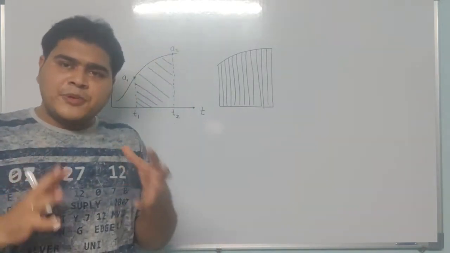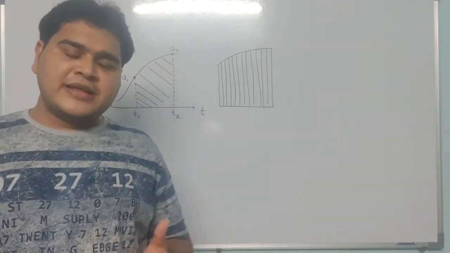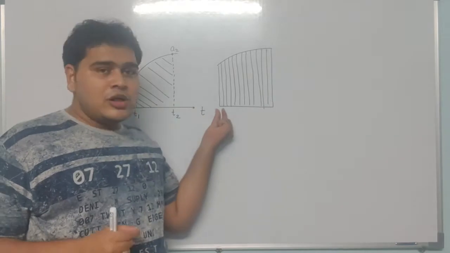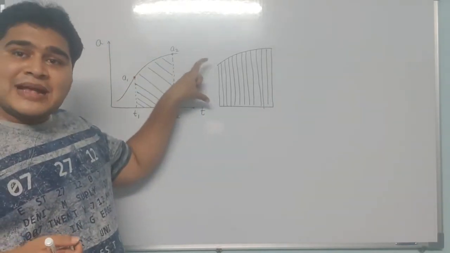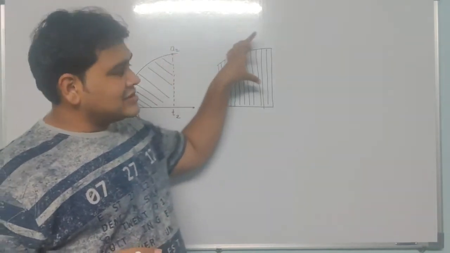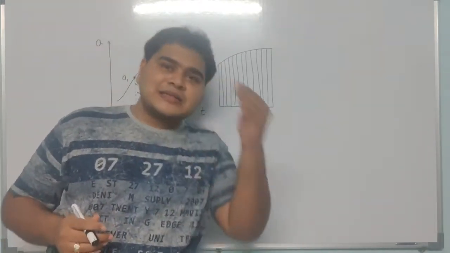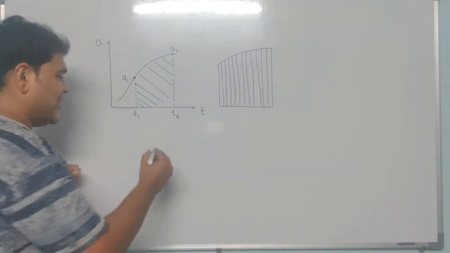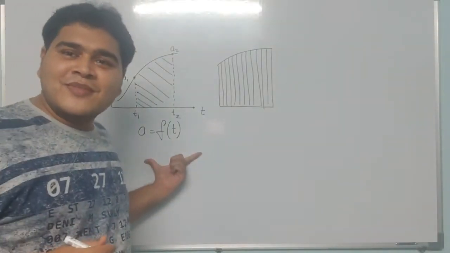Now when I say it appears almost as a rectangle, I'm sure you understand the area of a rectangle is length into breadth. Here the length is that small time interval and the breadth is going to be that acceleration, and that acceleration is constantly changing. So can I say, if I have the idea of how the acceleration is changing with time in the form of some equation, then my acceleration is going to be some function of time. Correct?